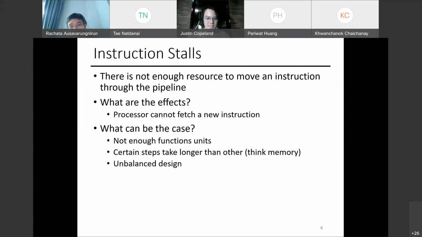Some steps will take longer than others. Think memory, right? Think you have to go to the main memory. Let's say you order steak, right? Somehow the customer, instead of getting a medium or medium rare steak, says, hey, I want well done. It's going to stay in the kitchen for longer, right? Because for that process, you need to cook the meat until it's well done.